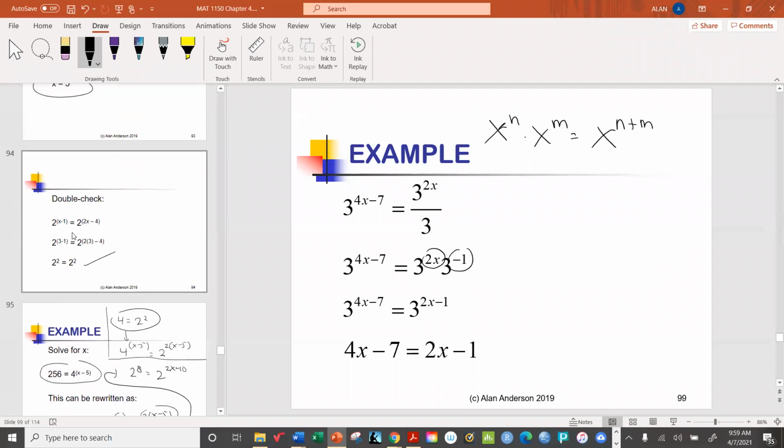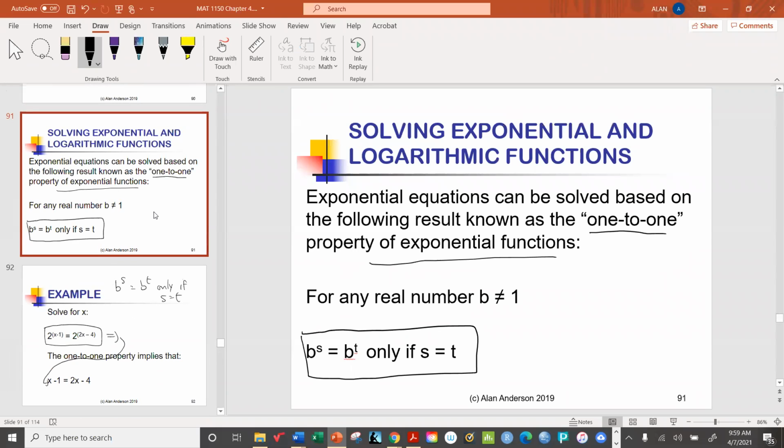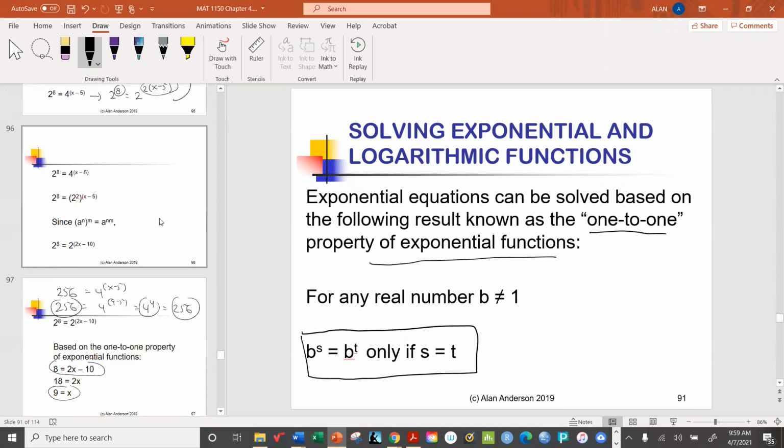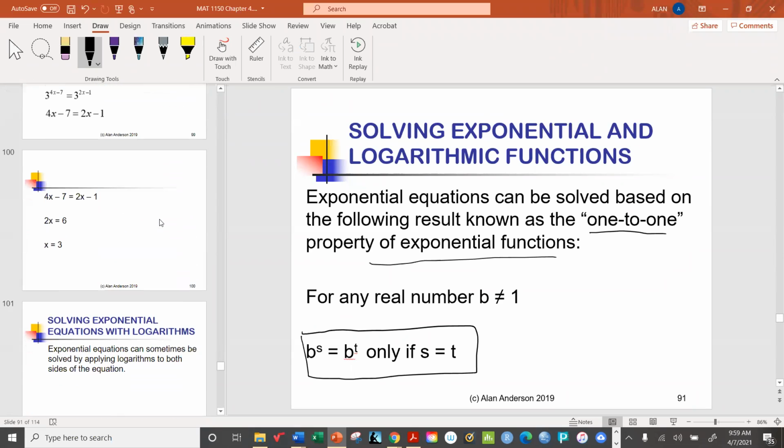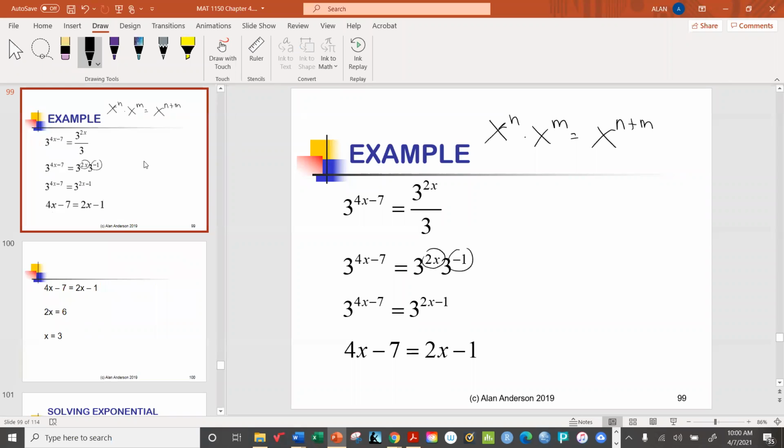And based on the rule we had earlier, where we saw that when we have a common base, the one-to-one property guarantees us that these exponents must be equal to each other. So we set them equal to each other. In other words, we're setting 4x minus 7 equal to 2x minus 1, and then we simply algebraically solve for x.